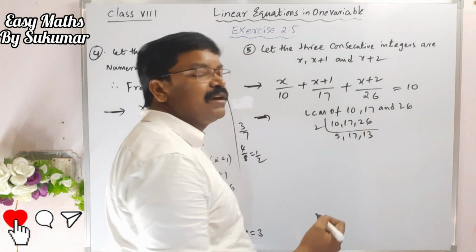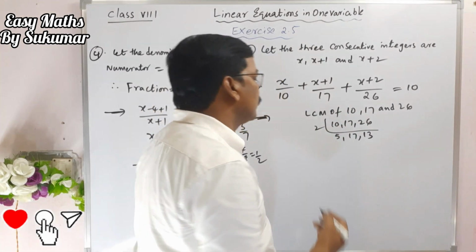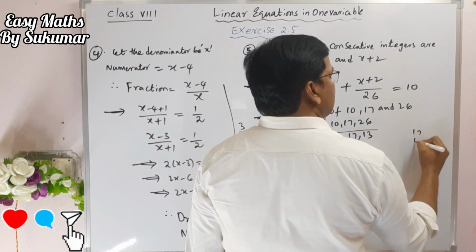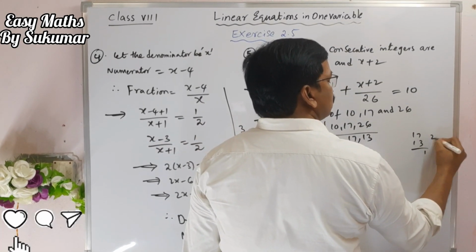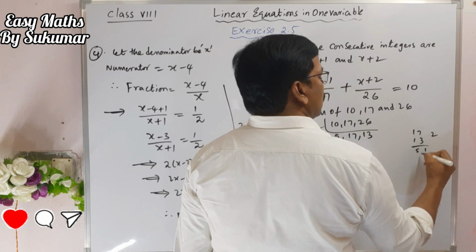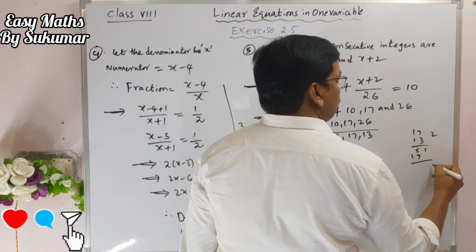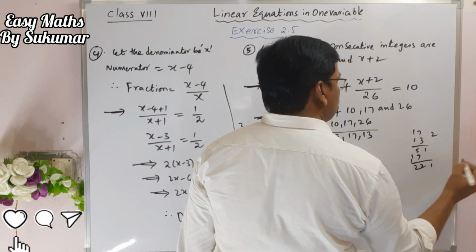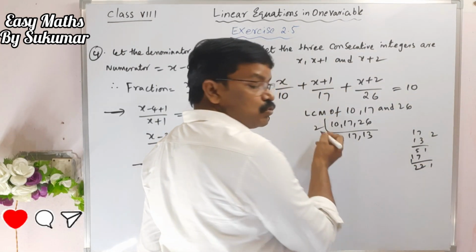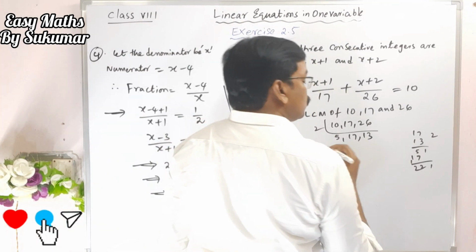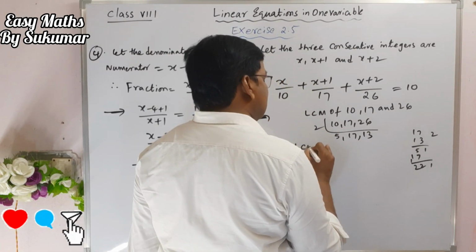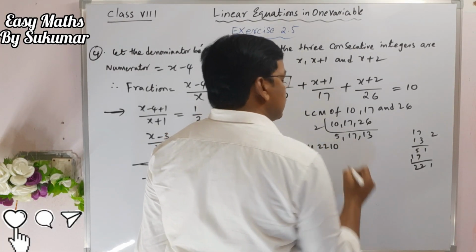Now all these are prime factors. Let us multiply. First multiply 17 times 13: 3 7s are 21, carry 2, and so on, that is 221. 221 into 10 is 2210. So LCM is equal to 2210.